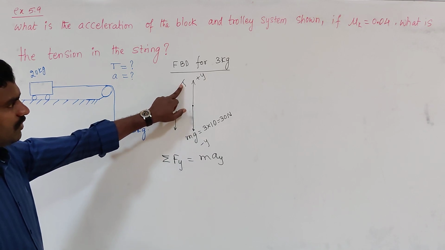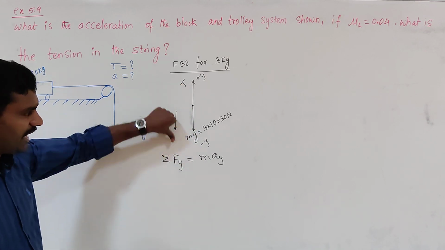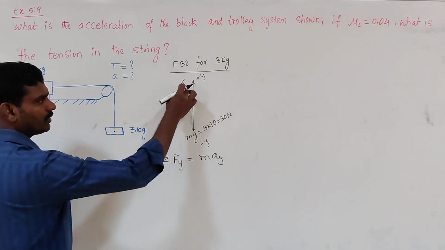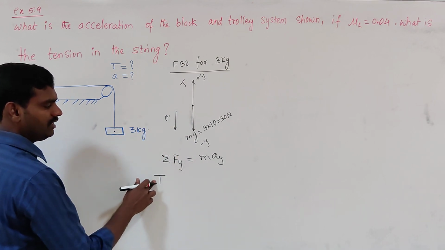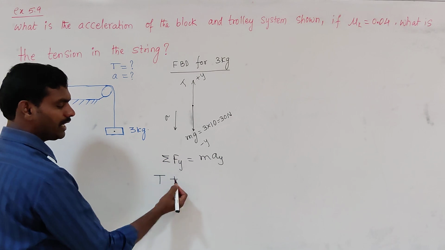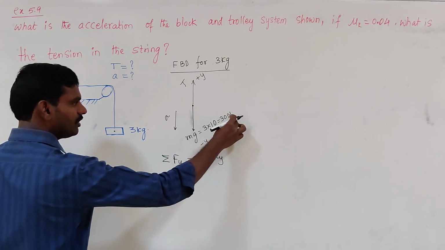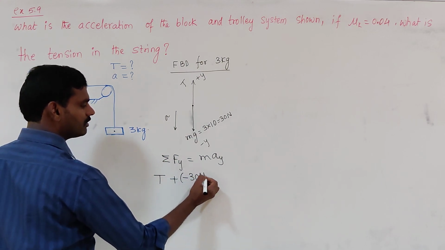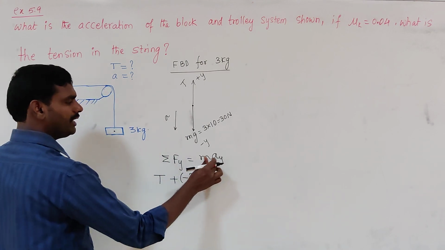Tension force is acting upwards and mg is acting downwards, and the acceleration is also downward. So the summation of force is plus T, since T is acting upwards, and the other force is mg, which is 30 newtons acting in the downward direction. So I am writing minus 30, equal to m into ay.